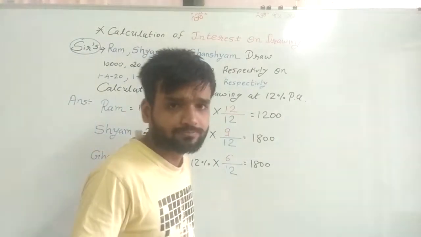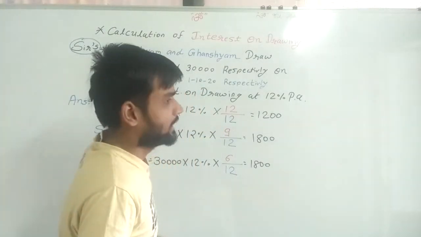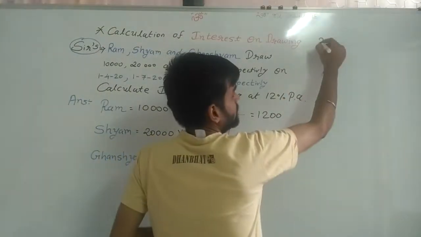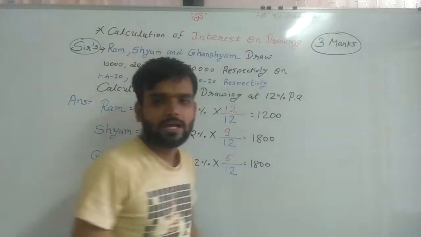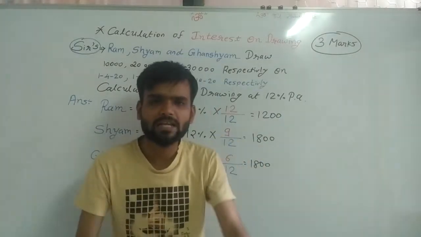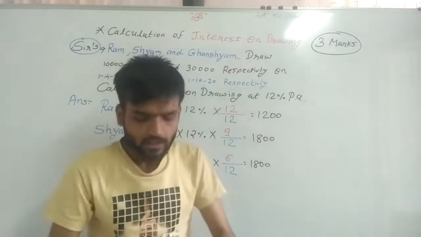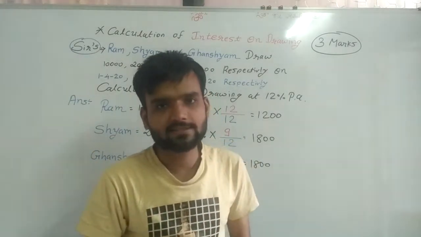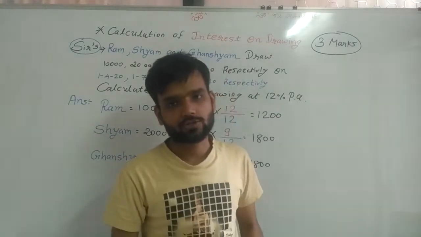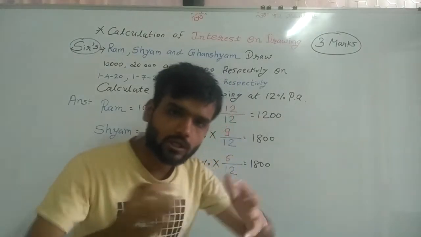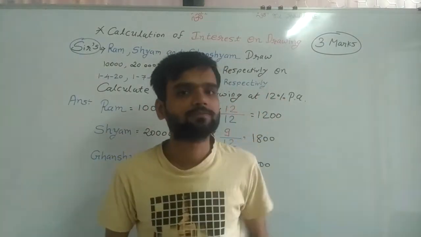In this chapter, one question of 3 marks is asked in the examination, and to get these 3 marks we have to do 11 sums from your textbook. 11 sums are given in the exercise and 11 sums are given in your illustrations. So in total you have to do 22 sums from your textbook.